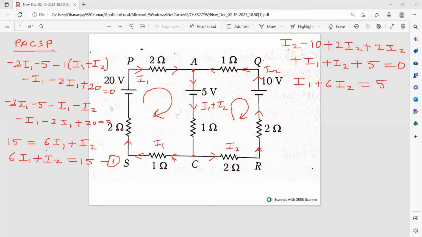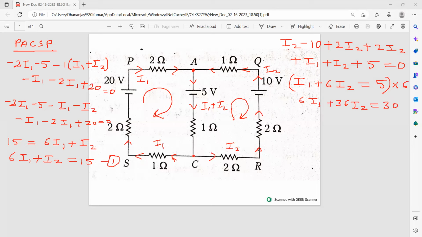Now we have one more equation. This 6 I1 plus I2 is equal to 15, and this one, I1 plus 6 I2 is equal to 5. Let us multiply this equation by 6. This will become 6 I1 plus 36 I2 is equal to 30.